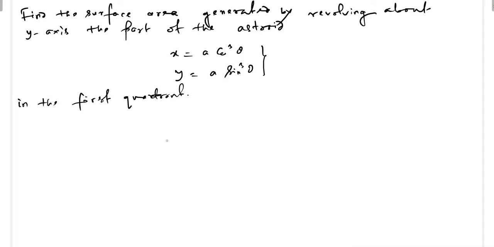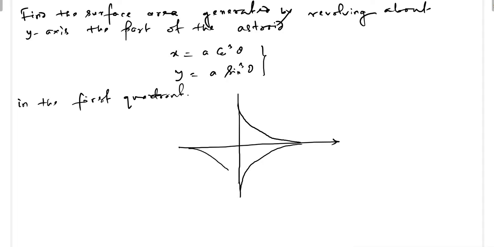This is a very important problem. So I am drawing the diagram. The asteroid looks like this, this is your asteroid. This is A unit, this is A, this is also A, this is A, and this is A. Okay, so first quadrant, that means this portion of the curve.